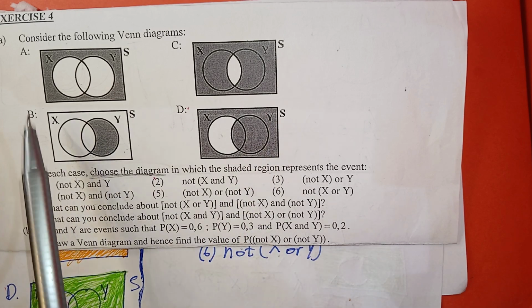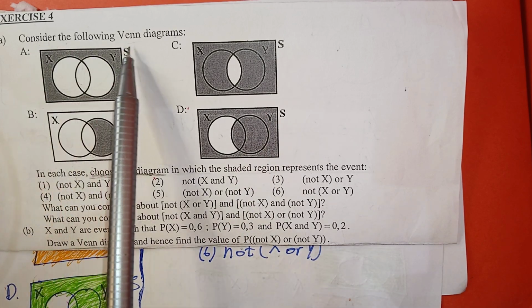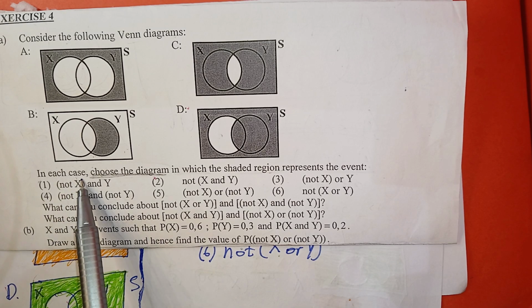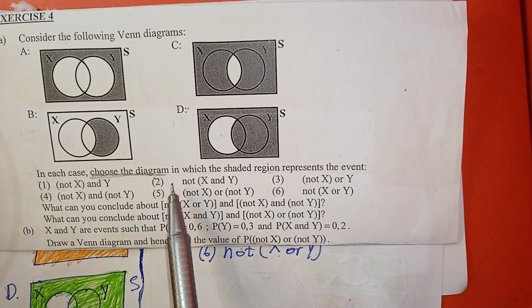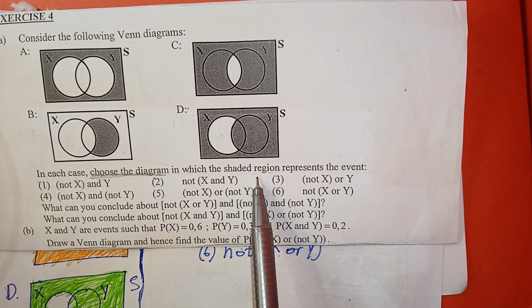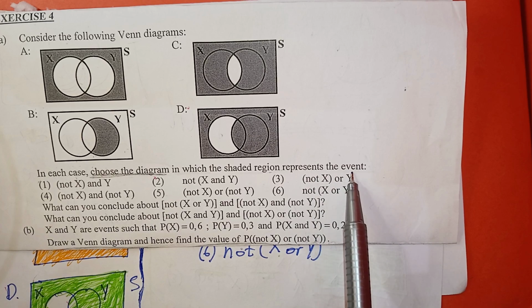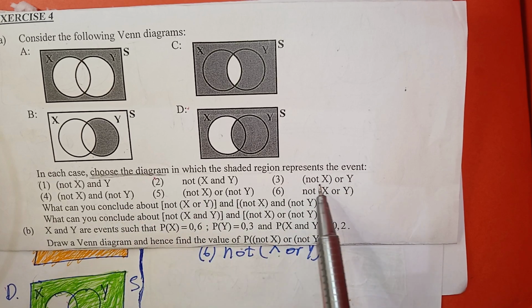They say consider the following Venn diagrams. In each case, choose the diagram in which the shaded region represents the event. So these are the events that you are given.